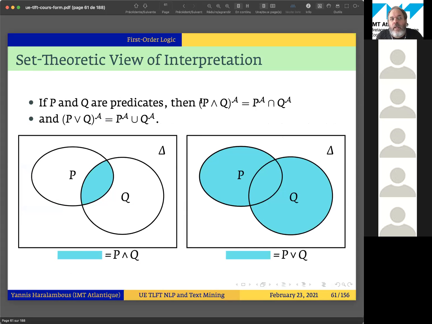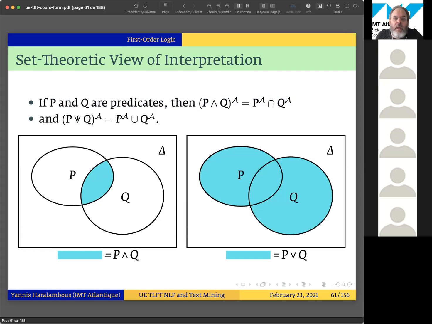Now, if I take the conjunction of two predicates, P and Q, I have a subset for P, a subset for Q, and saying P and Q is the intersection. So these are the elements for which both P and Q are true. So interpretation sends a conjunction to an intersection of subsets.